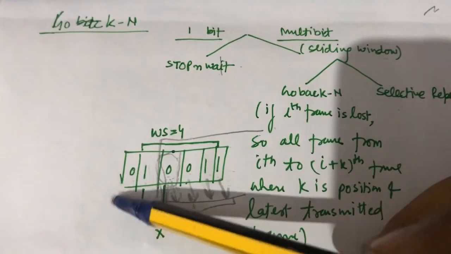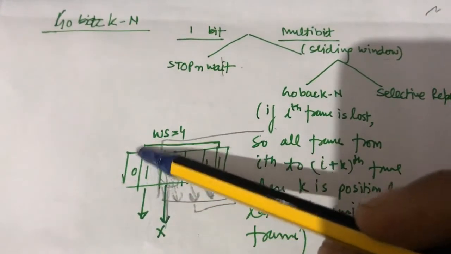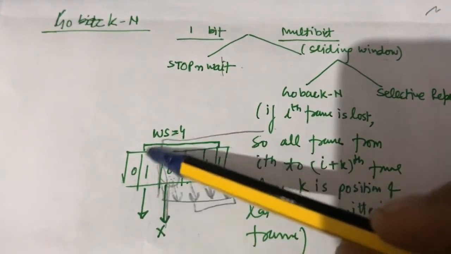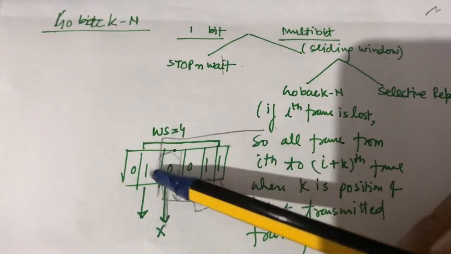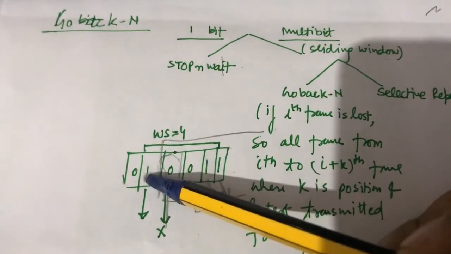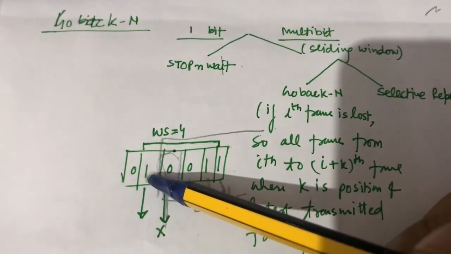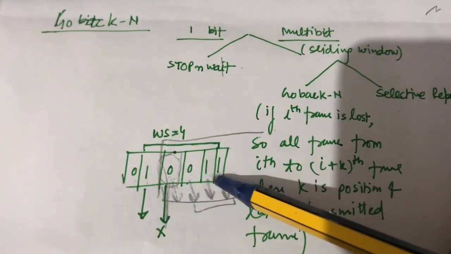So as soon as it is successfully received, the sender side window should step forward and start from this frame. So the updated window is from this to this.